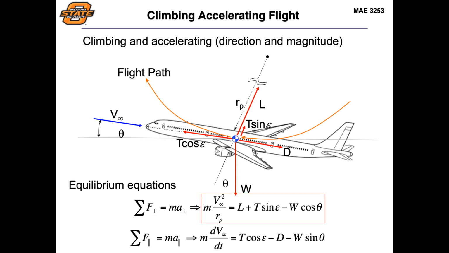In this case, we'll have mV squared over r, where r is now our pull-up radius, equal to the lift that we're generating plus T times sine of epsilon minus weight times cosine of theta, where theta is our climb angle. And for the forces parallel to flight, we'll have m times a, which in this case is dV/dt, equal to thrust times cosine of epsilon minus D minus weight times sine of theta.